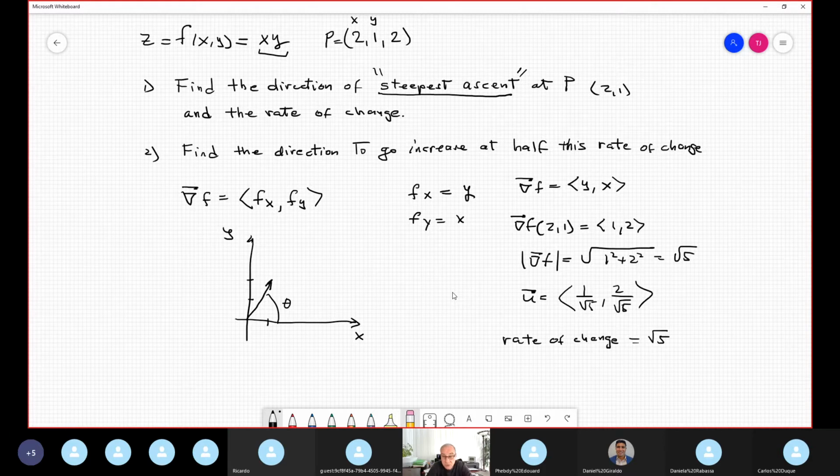No, wait. Suppose another student prefers to define direction using an angle. Okay, no problem. This is trigonometric. This is 1, this is 2. So theta is equal to tangent inverse of 2 over 1, no? I put it in the calculator, it's 63.43 degrees. Okay, it's another possibility to express it. So I am at this point.